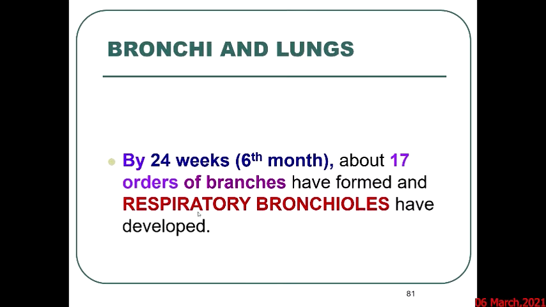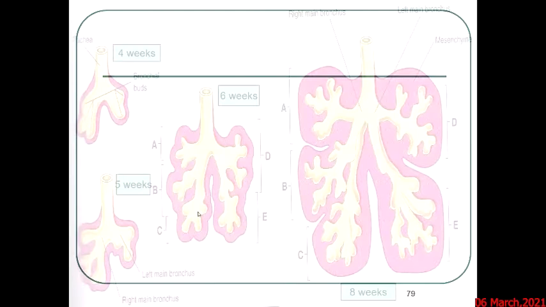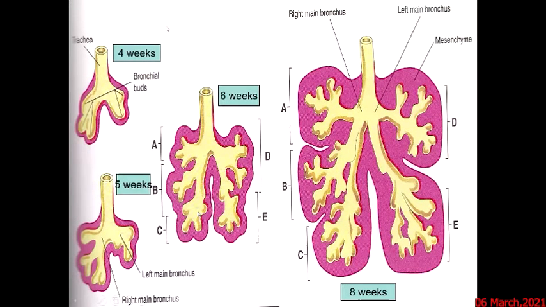Now, by 24 weeks, that is 6 months of a fetus, about 17 orders of branches have formed, and respiratory bronchioles have developed. আমরা তো segmental bronchi পর্যন্ত চলে আসছি. Look here, segmental bronchi, 1, 2, 3, 4, 5 segmental bronchi.